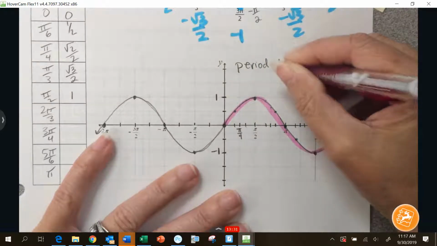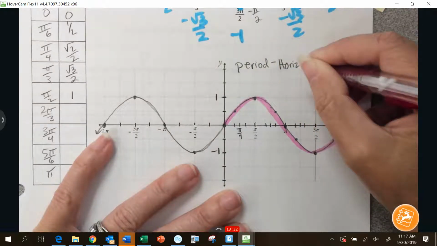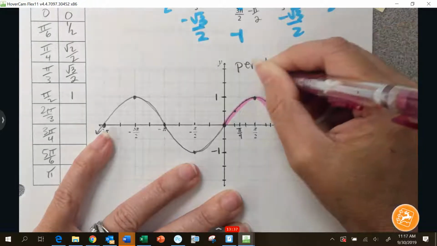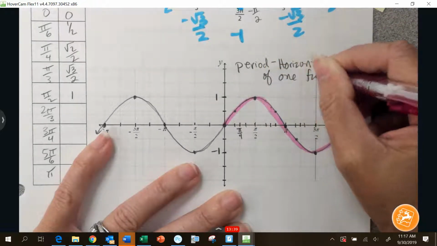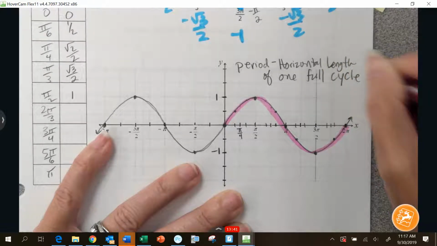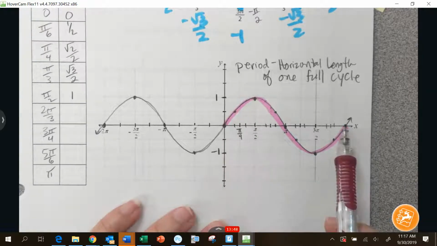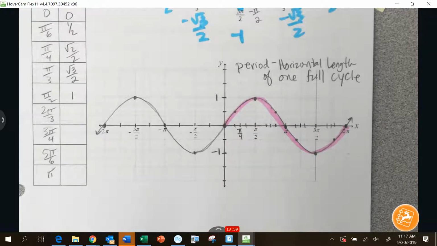The period is the horizontal length of one full cycle. So left to right, from start to finish, how long is this period? It is 2 pi long.